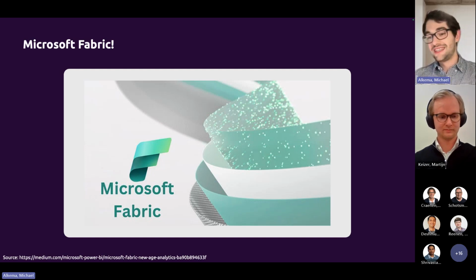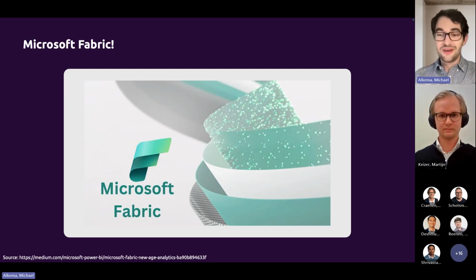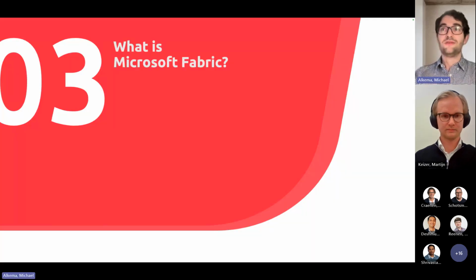Like Martijn said, we already had a session on Microsoft Fabric provided by Erik Kuipers. So we're not going to deep dive into what Microsoft Fabric is, but we're going to talk about it a little bit more. So what is Microsoft Fabric?